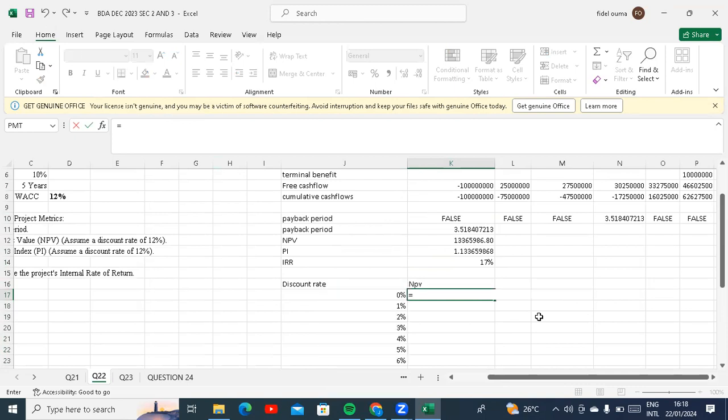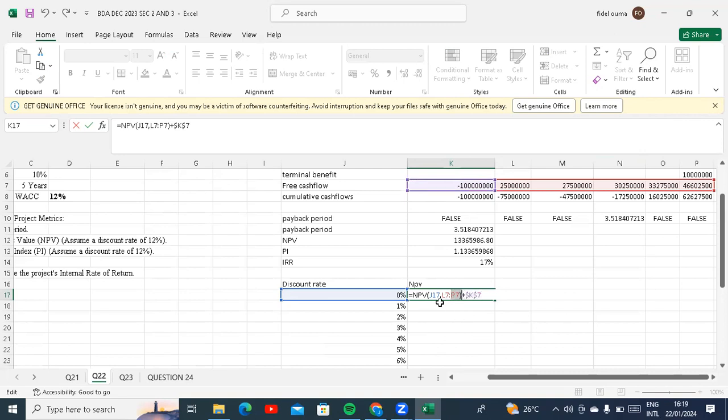Is this equals NPV, the rate, yeah, the rate is 0, comma, then these values you'll take from, comma, then you add the cash outlay. Then because I don't want to do it all through, I'll lock these cells here. I'll lock this because it's constant.